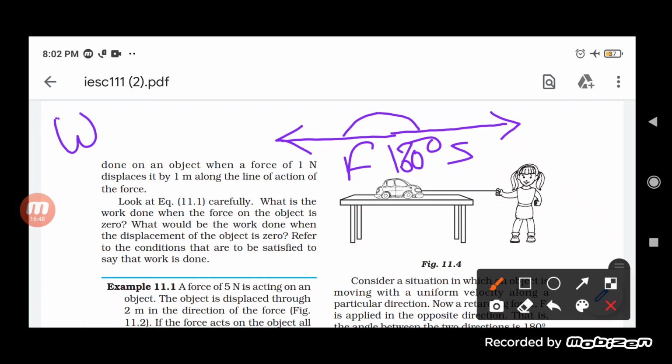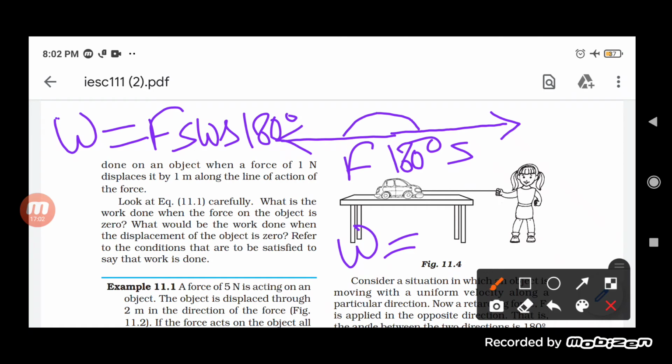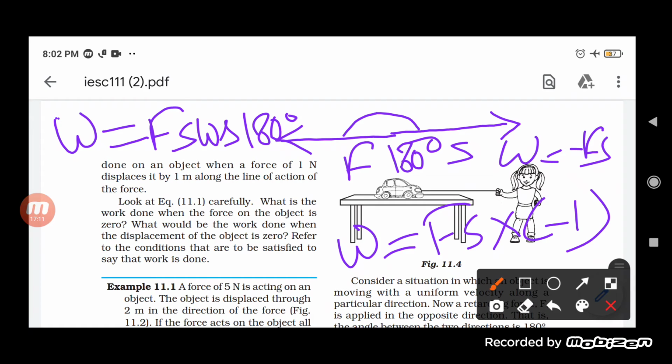Using this formula, we can write W is equal to Fs cos 180 degree. Now cos 180 degree is equal to what? That is minus 1. So W is equal to Fs into minus 1, or W is equal to minus Fs. So minus Fs explains that it is basically the negative force into displacement, that is negative work done.